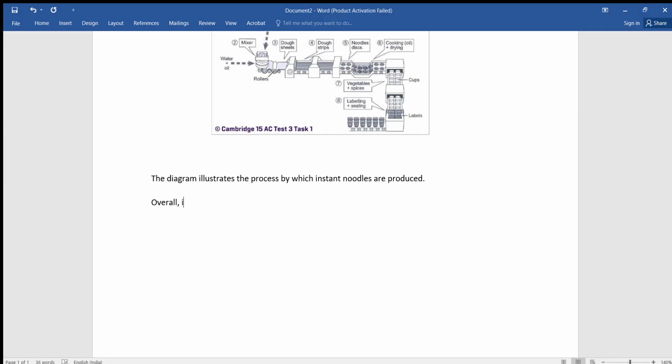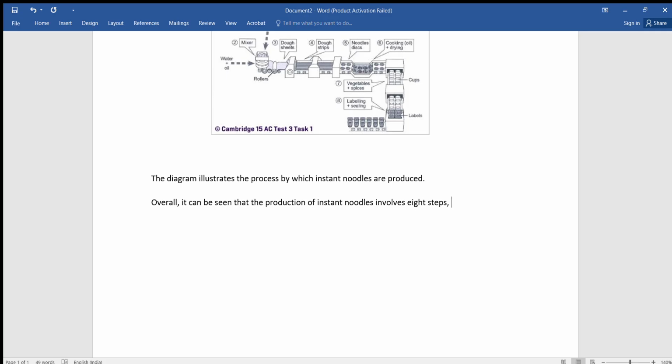Overall, it can be seen that the production of instant noodles involves, how many steps are there? Total 8 steps are there. Sorry, involves 8 steps.